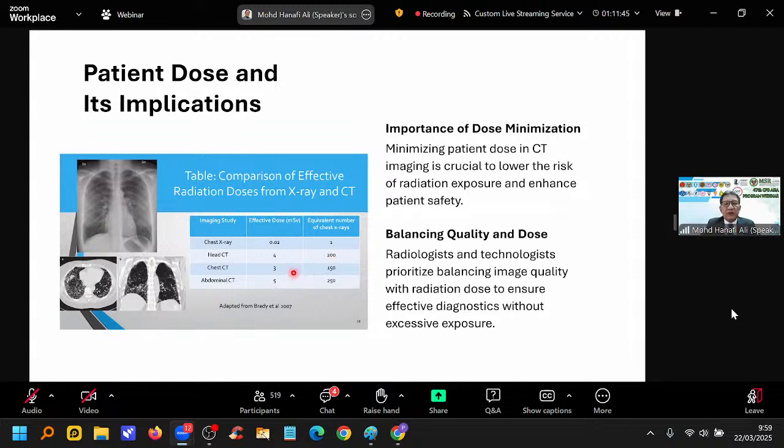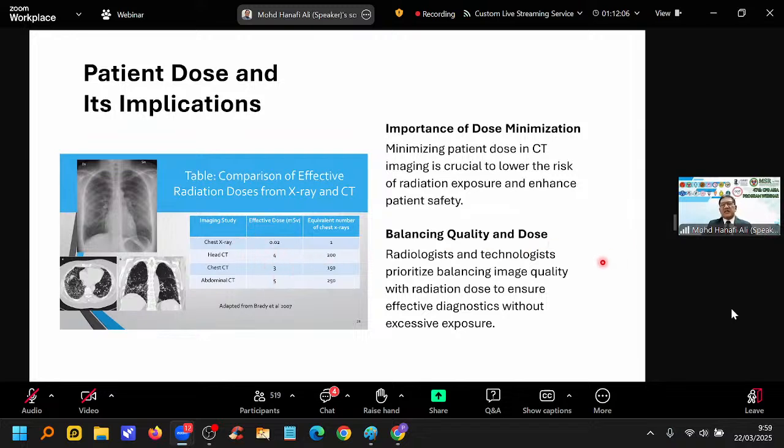Chest CT is about 3 millisievert, about 150, and abdominal CT about 5, about 250. So that's how we can relate that to the dose in that examination.